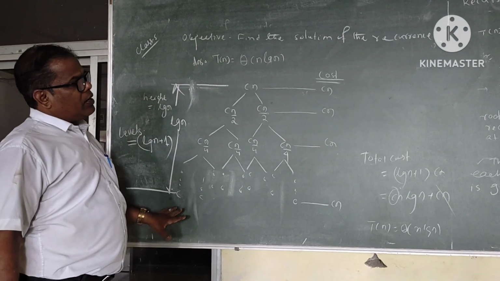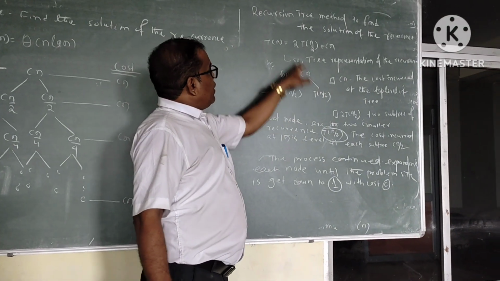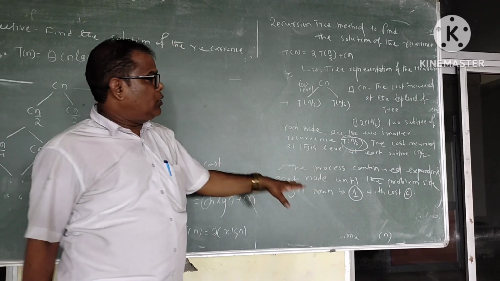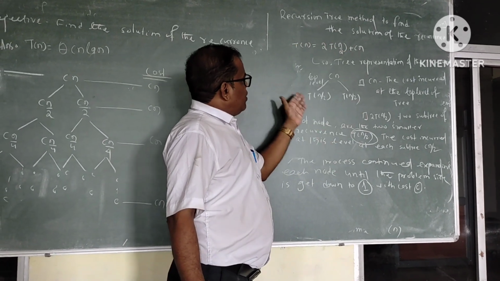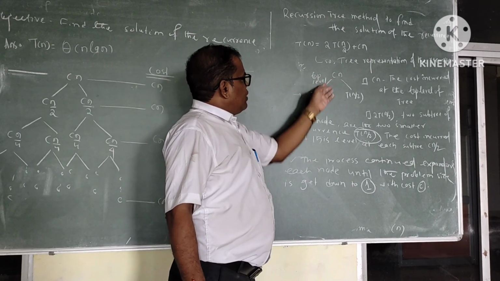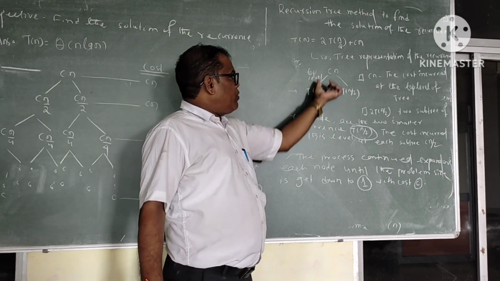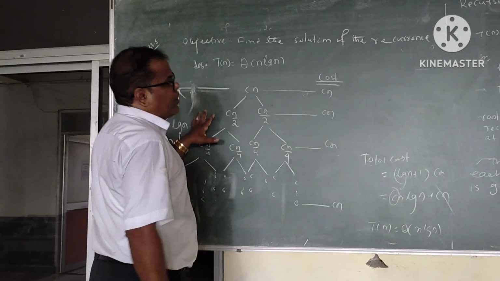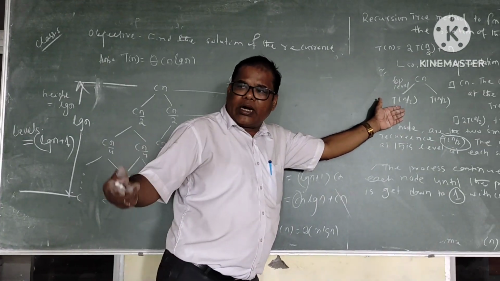So what I did, as I have already explained in this picture, is the tree representation method for finding the solution of the recurrence. I represent T(n) equal to 2T(n/2) plus Cn. We write Cn at the root, and there are two subtrees for the root node, T(n/2) and T(n/2). If you apply this recursively, you calculate the cost at each level.